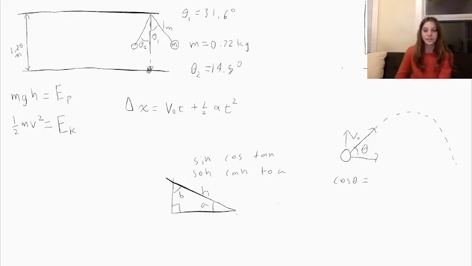The adjacent side is this one here, and let's call that the velocity in the x direction, Vx. And the hypotenuse is your initial velocity. So if we multiply both sides by v naught, we get v naught cosine theta is equal to Vx. Cool.